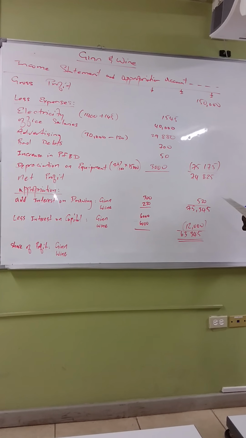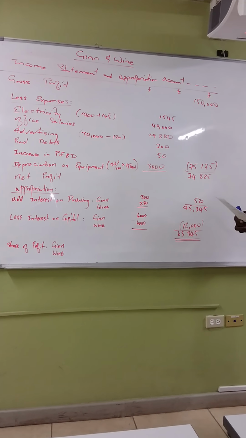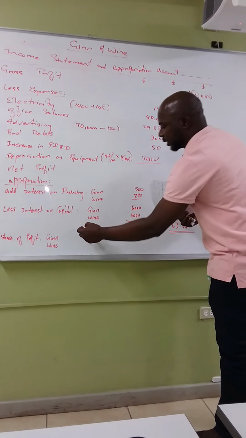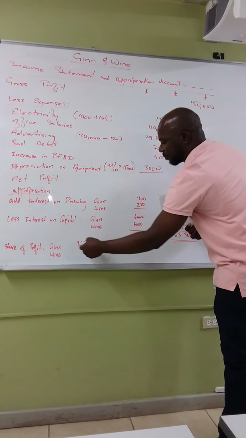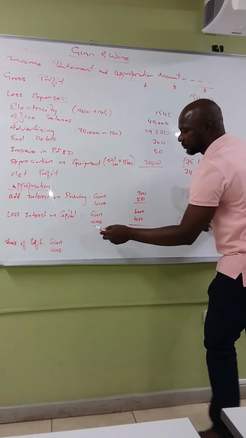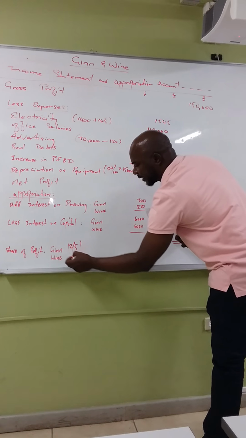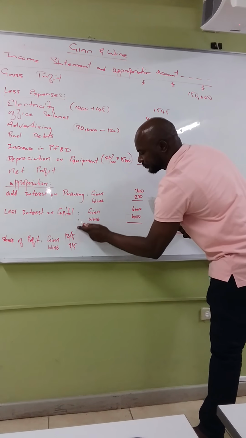So when the ratio says 2 to 3, you add both of them and you get 5. Therefore in the case of Gin, it's going to be 2/5, and in the case of Wine, it's going to be 3/5.